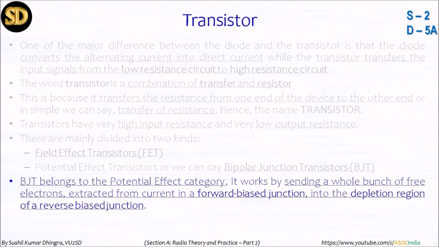It works by sending a whole bunch of free electrons extracted from the input current in a forward bias junction into the depletion region of a reverse bias junction. Listen carefully: BJT belongs to the potential effect category, and this is today's topic, so keep it in mind.